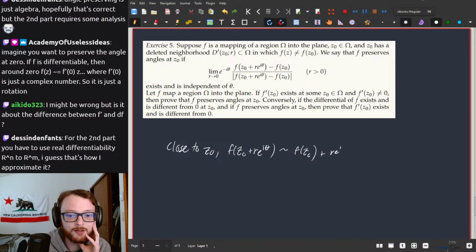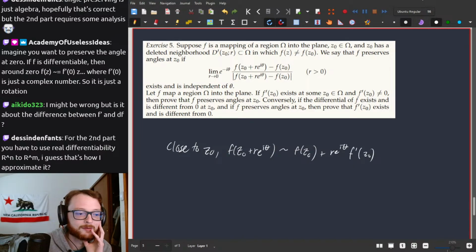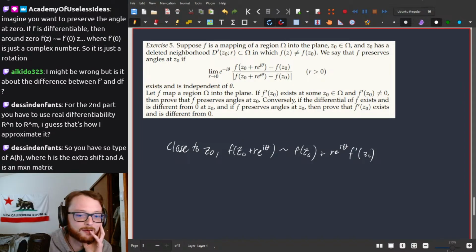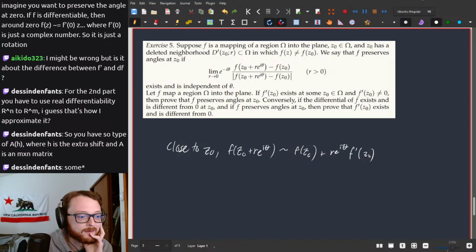I guess r e to the i theta f prime z0, something like that. So you have some type of a of h, where h is the extra shift, or a times h. Oh, maybe.